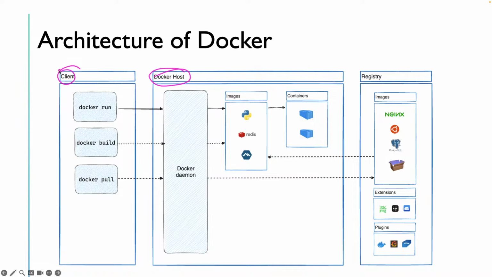We call it the command line interface, also called CLI, and we'll give the command from the CLI. This command will reach my Docker host as an API request. Then the Docker daemon, which is part of my Docker host, will execute those commands as per the request that we get from the Docker client. So that's the core idea.